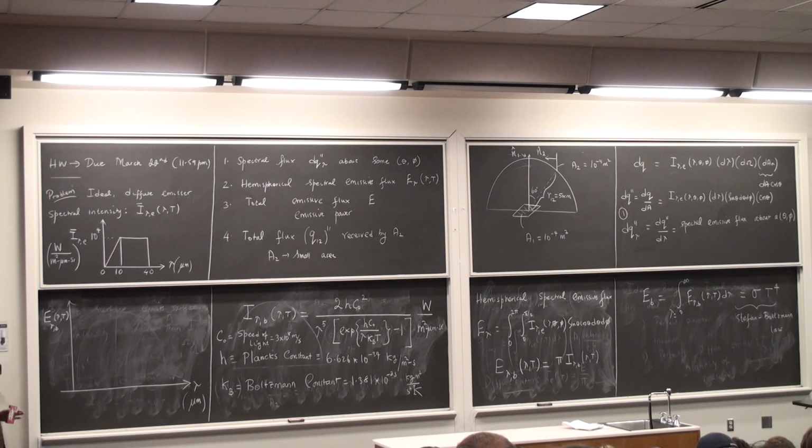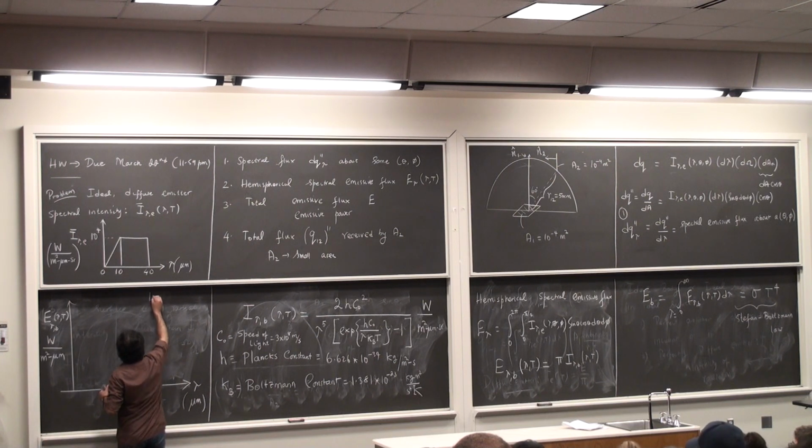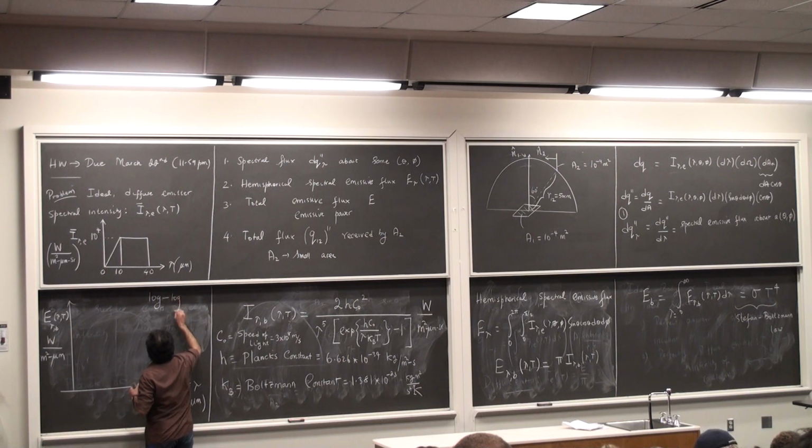There will be no steradians here, it will just be watts per meter square micrometers, because you're multiplying by the angle phi, which is in steradians. And this is going to be a function of temperature, so for different temperatures I'm going to get different curves. This is going to be a log-log plot.